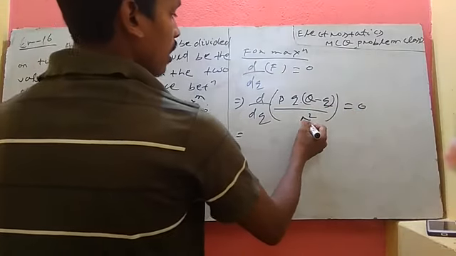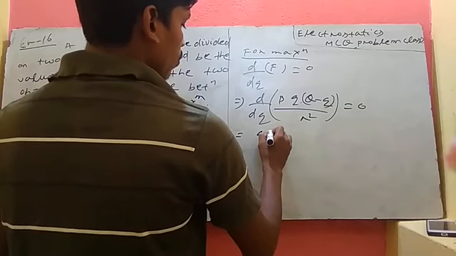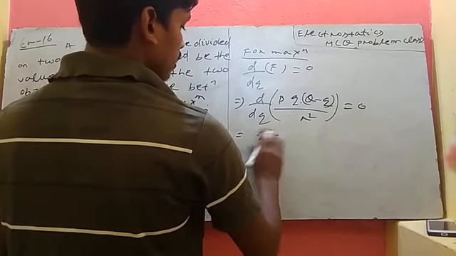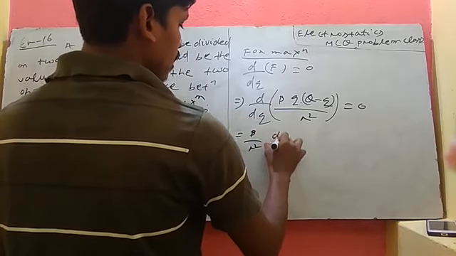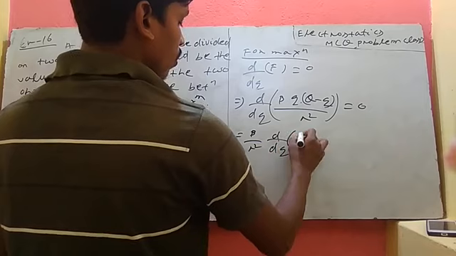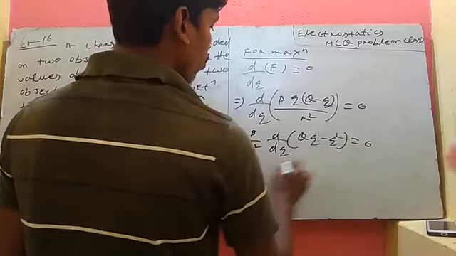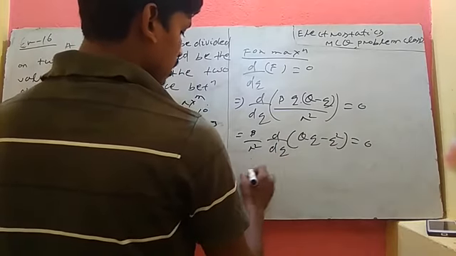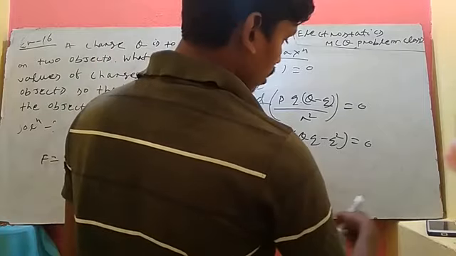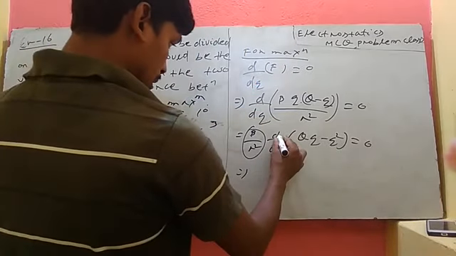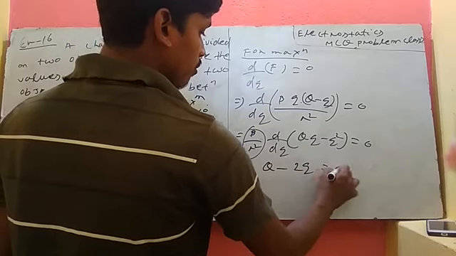So k by r square, d by dq of (Qq minus q square) is equal to 0. So the derivative of this is, right hand side is equal to 0. So d by dq of this gives Q minus 2q is equal to 0.